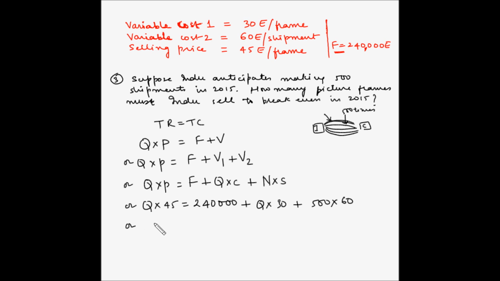So let's solve this for Q. So 45Q is equal to 240,000 plus 30Q plus 6 5s are 30 and then 3 zeros.